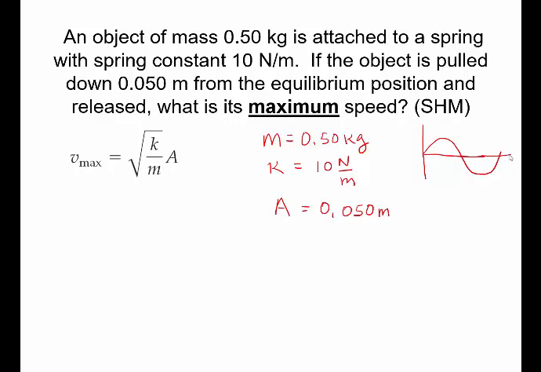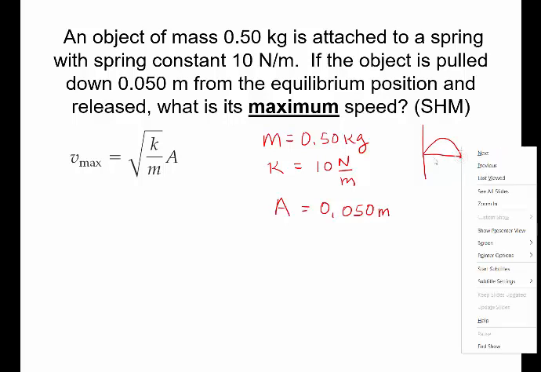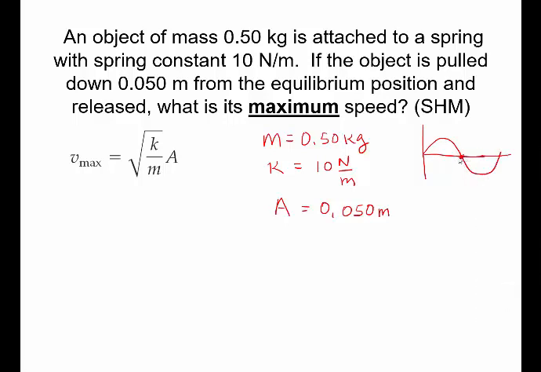So we're looking at the maximum velocity, which is when x is equal to 0, so that we end up with this simplified equation. To figure out V max, we just plug our numbers in.